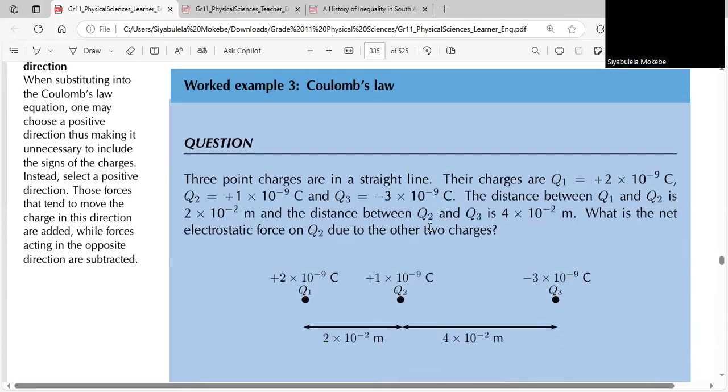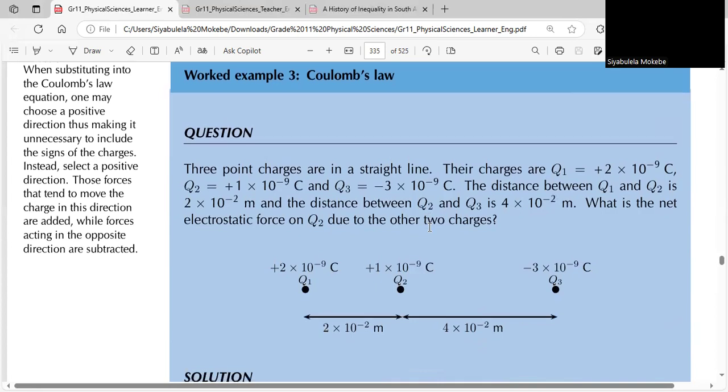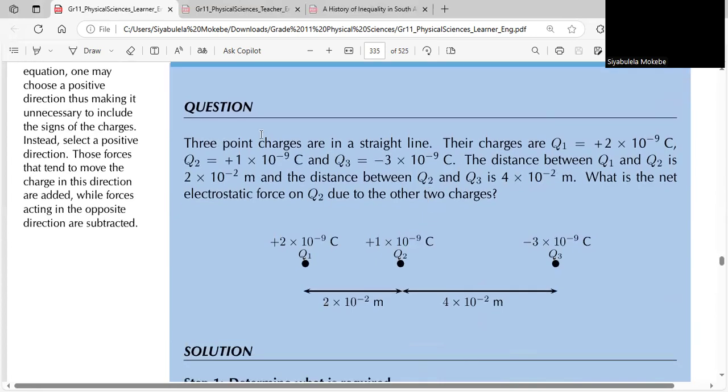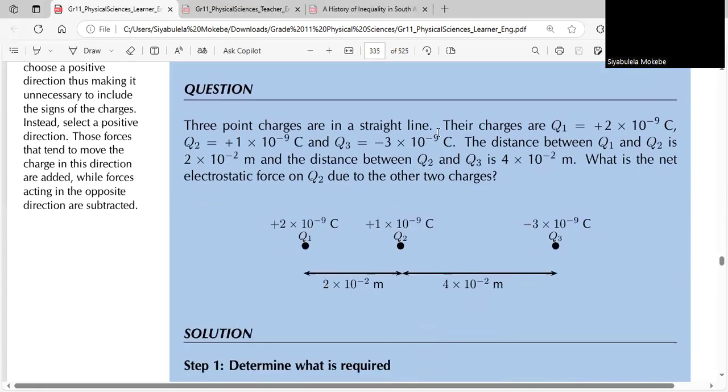All right, example 3. 3-point charges are in a straight line. Their charges are Q1, 2 nanocoulombs, Q2, 1 nanocoulomb, and Q3, -3 nanocoulombs.